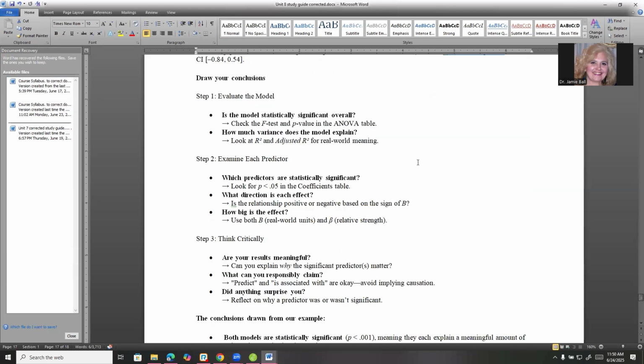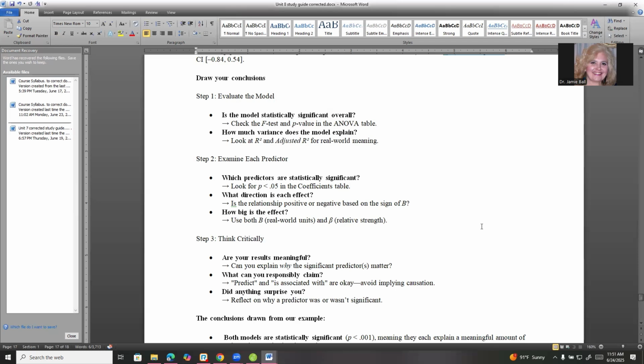So I'll look at job satisfaction, model 1, and then I'll look at leadership. We talked about that above. All right, what direction is the effect? Is there a negative relationship on the sign of B? Okay. Is the effect big or small? We had moderate effects. Okay.